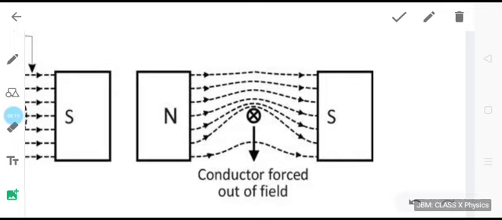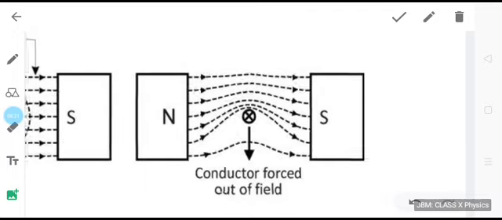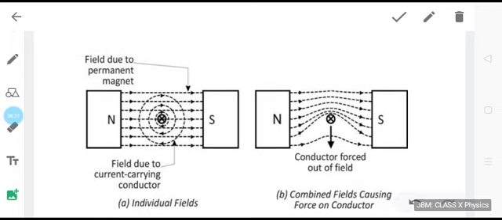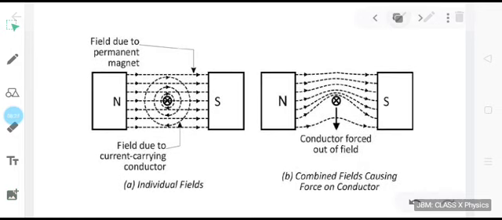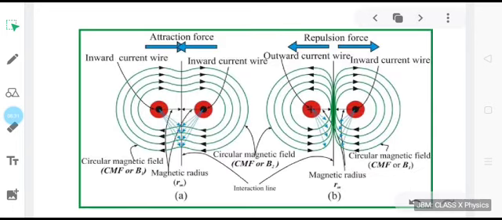So the direction of the current and the direction of the field are decisive for the force experienced by the conductor. For that I will show you one more picture, so that you can see how this interaction takes place depending upon the direction of current.